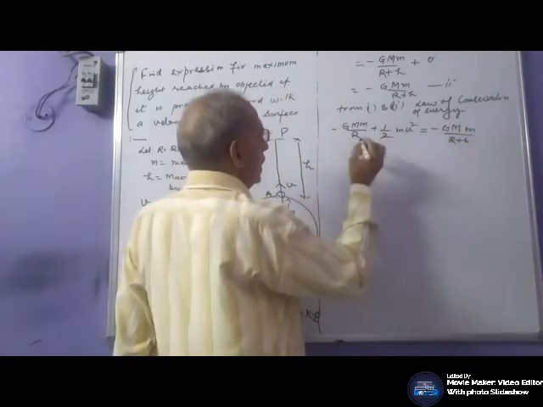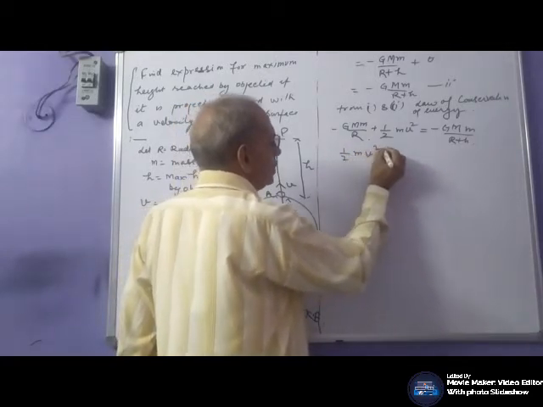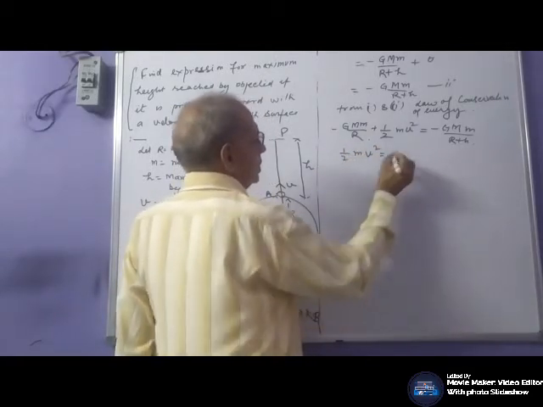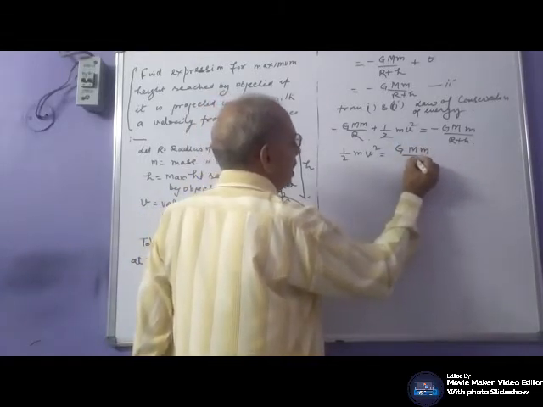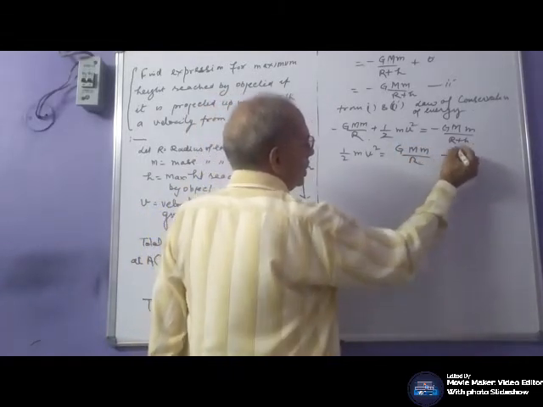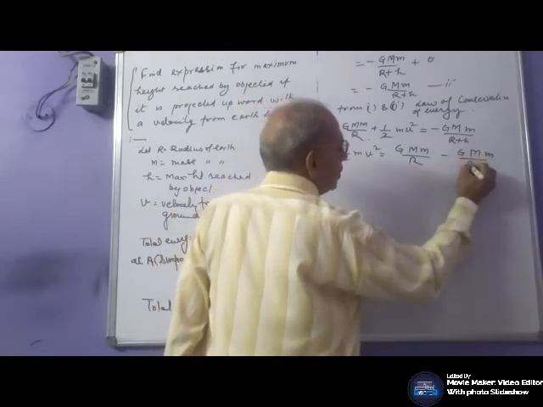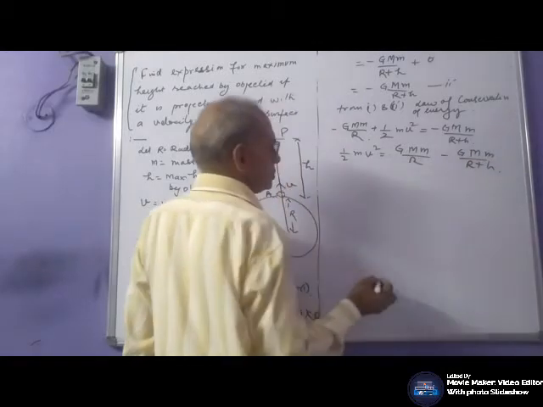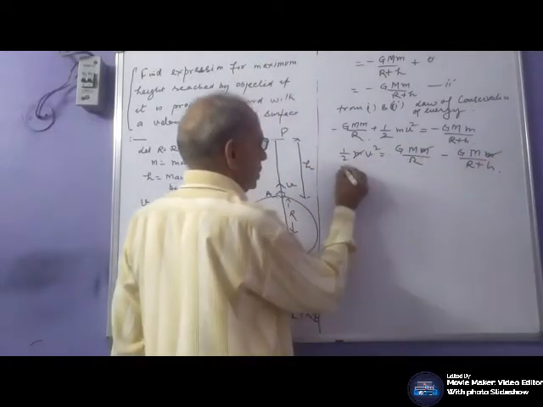Take this to this side. Half mv square equals GMm by R minus GMm by R plus H. Small m cancels out.